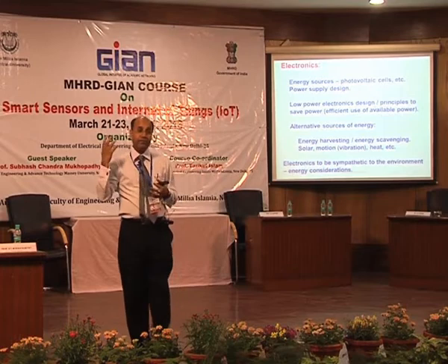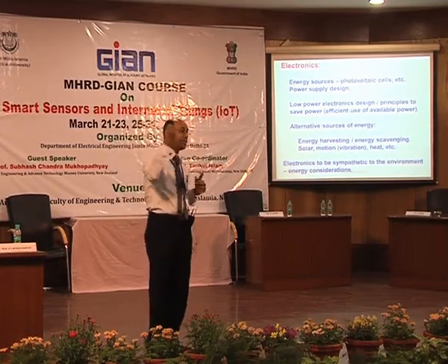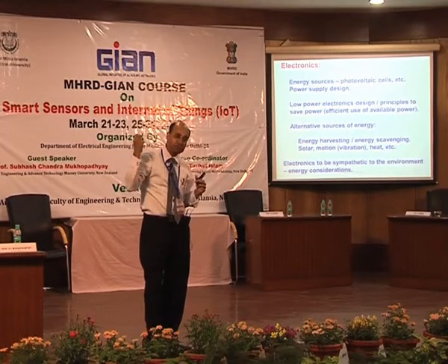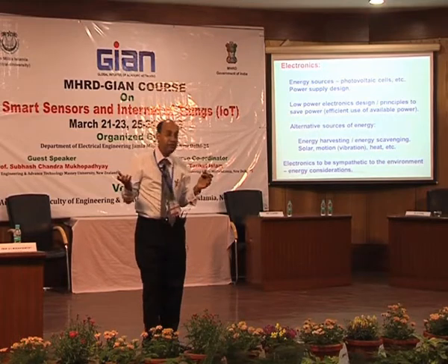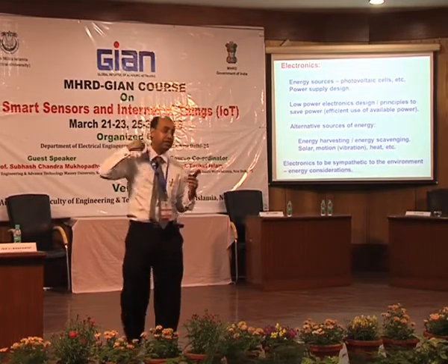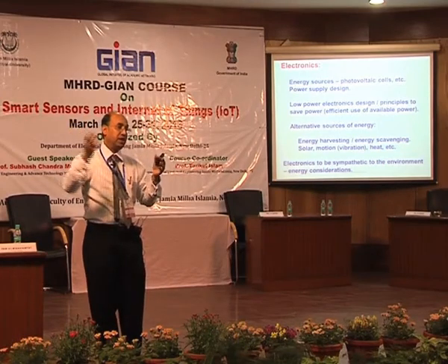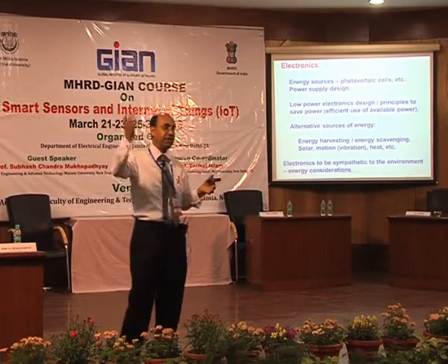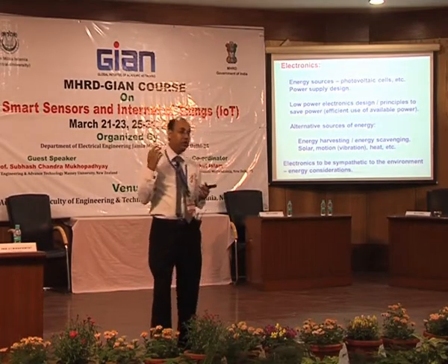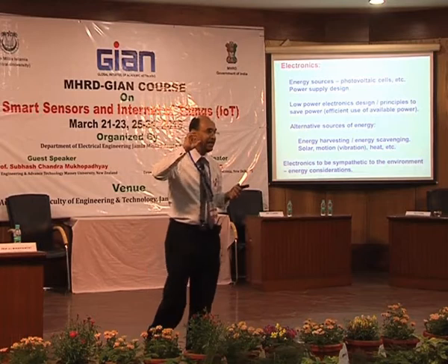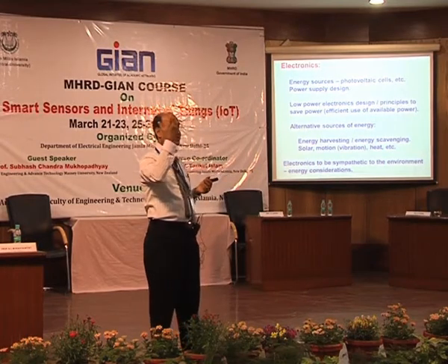RF, we always say that RF is everywhere, we can always extract energy from RF. Some people are talking about vibration, especially in structural health monitoring, saying we can extract energy from vibration, for railway lines or bridges, those types of applications. And some people are asking, can we actually use the rotation of the earth?